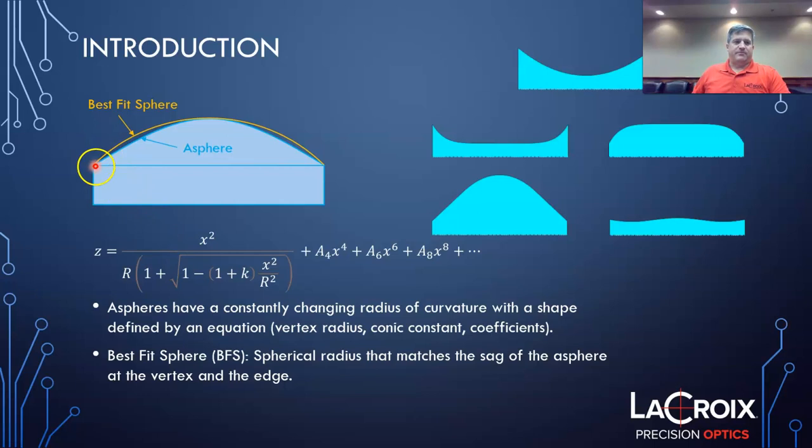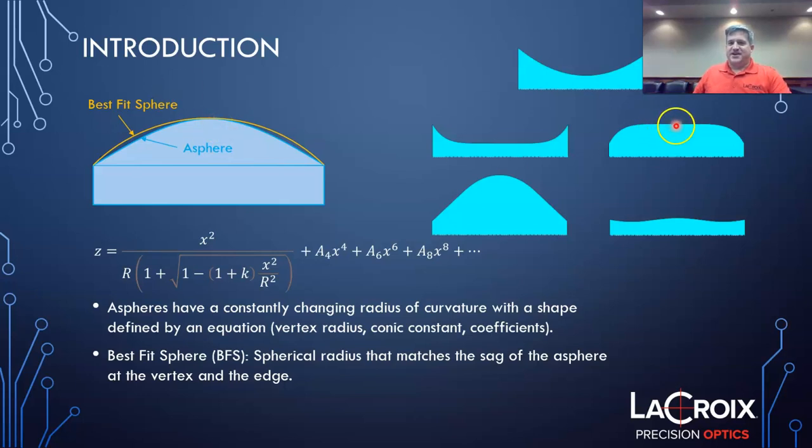So if you look at the best fit sphere over the clear aperture versus the part diameter, they could be different, and the manufacturer will choose what works best for them. There are other definitions people sometimes use for the best fit sphere. This could be the sphere that is closest to the curve but doesn't require any adding of material, if you will.